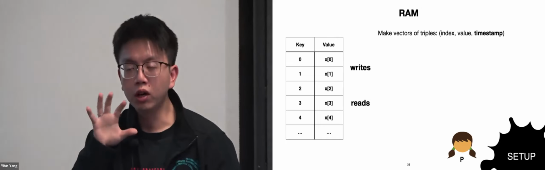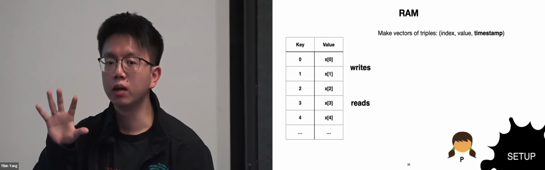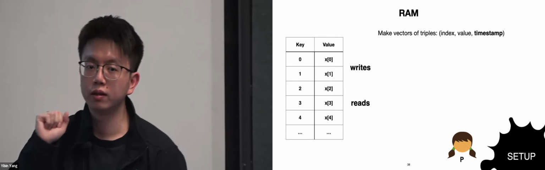Okay. Finally, let me introduce the other permutation. Why do we need the other permutation? The reason is exactly the attack I already described. The prover can read from the future. This will be very problematic if you also want to achieve writes.